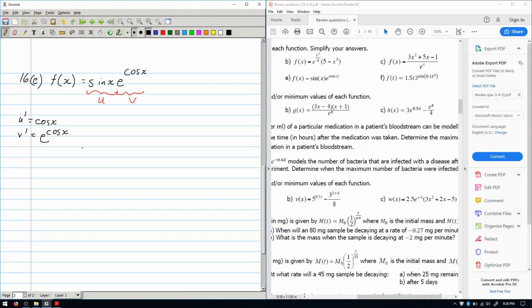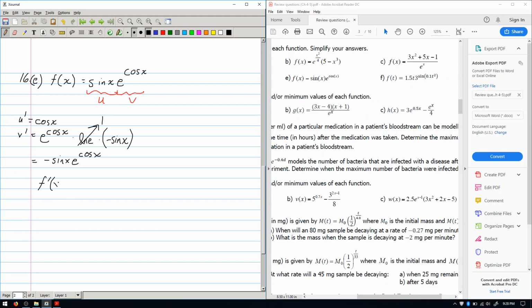Remember, I copy down the exponential, take ln of the base, and then take the derivative of the exponent. That's 1, I get negative sine x e to the cos x, and I apply the product rule.